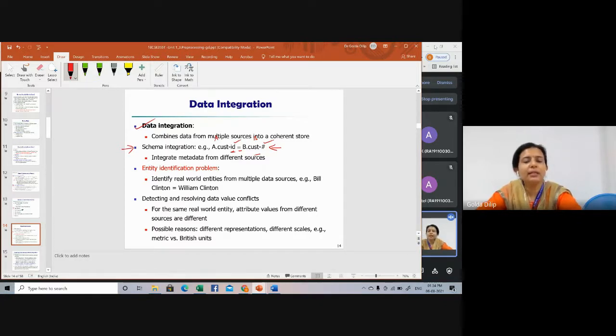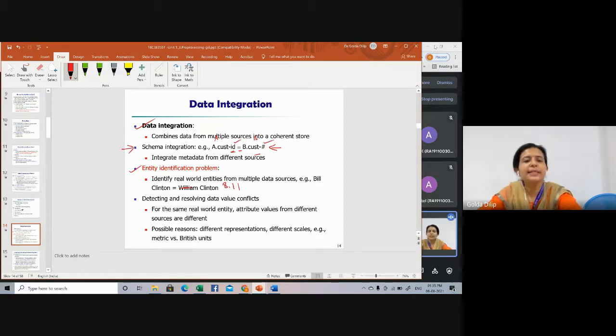Another thing that can happen is the entity identification problem, that is, how real-world entities from multiple data sources can be matched up. Whether Bill Clinton is equal to Clintonville, or whether he is equal to William Clinton.